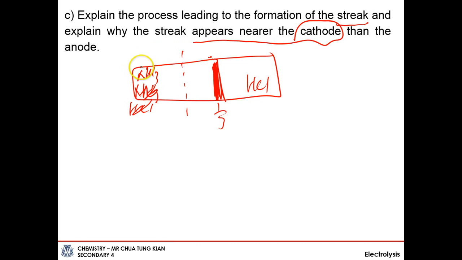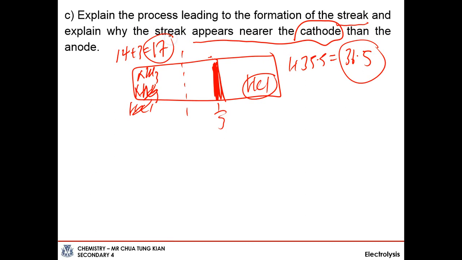In this question, remember, NH3 molar mass is 14 plus 3 equals 17. This is 1 plus 35.5 equals 36.5. So we can see from this that actually the molar mass of HCl is double that of NH3. So as a result, it migrates slower, and the band forms nearer to the HCl.